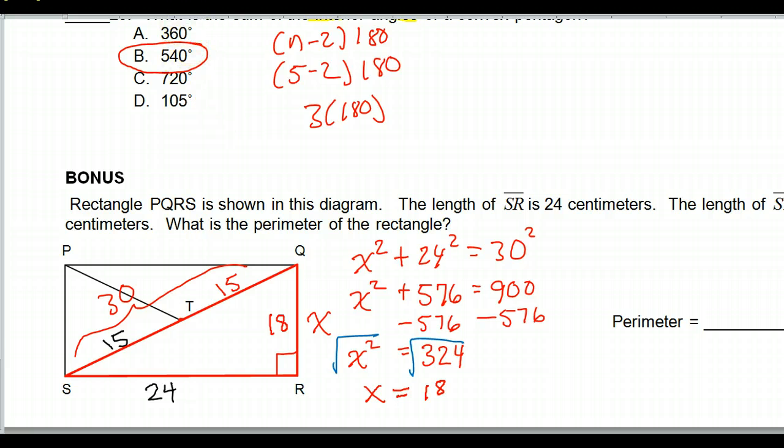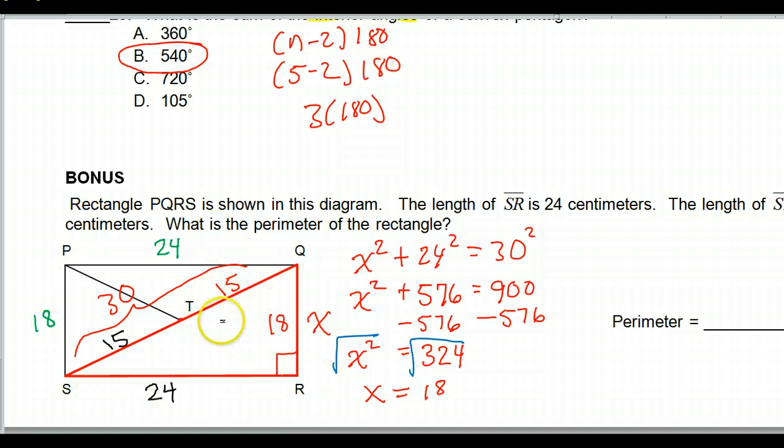Now let's just use the symmetry of a rectangle. Opposite sides are congruent. So if this is 18, then this will be 18 over here as well. If this is 24, then this will be 24 up here as well.